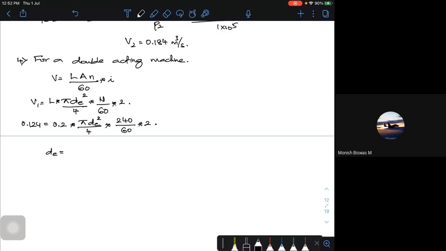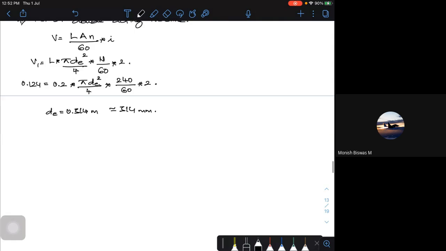0.314 meters or 314 mm. So similarly for V2 it is L into pi into dc square divided by 4 into N by 60 into 2, that is double acting, it is 2.